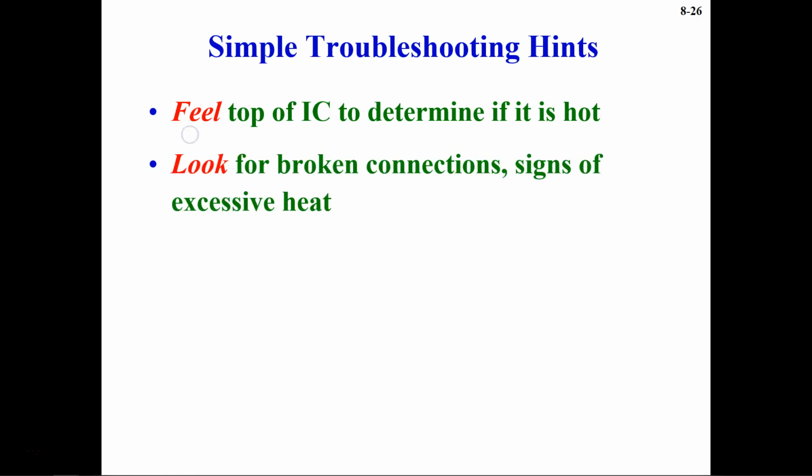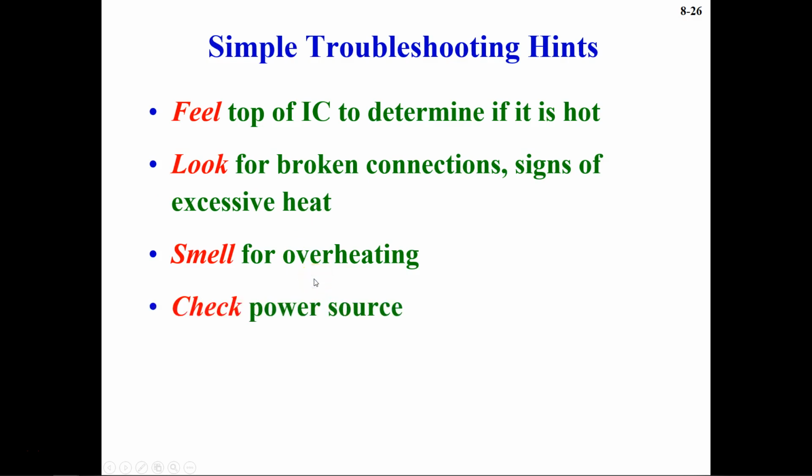And second, look for broken connections, signs of excessive heat. See if your connections are wired up correctly, because any wrong connection can make a short circuit, which can lead to excessive heat. Look for smell. If you have heating in your circuit, then it might produce some bad smell, and that's another way of troubleshooting the circuit.